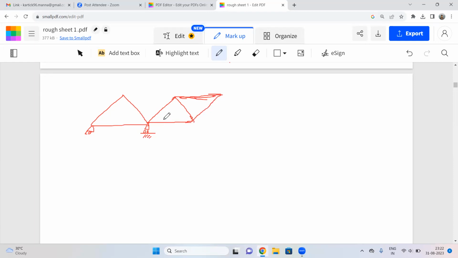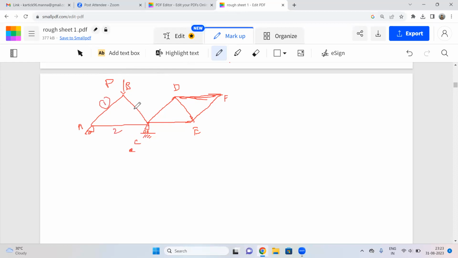Okay, we can draw this one also. No problem in that. Just suppose this is your joint A, B, C, D, E, F. Now suppose at point B we have a load of P. Then that is C. So now what are our members?